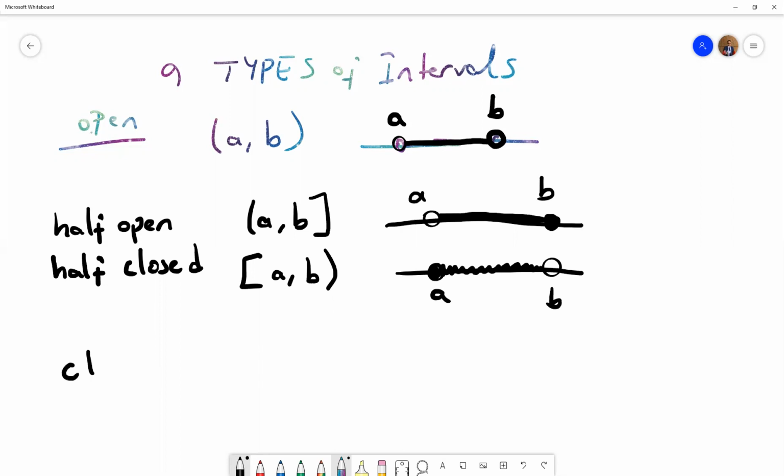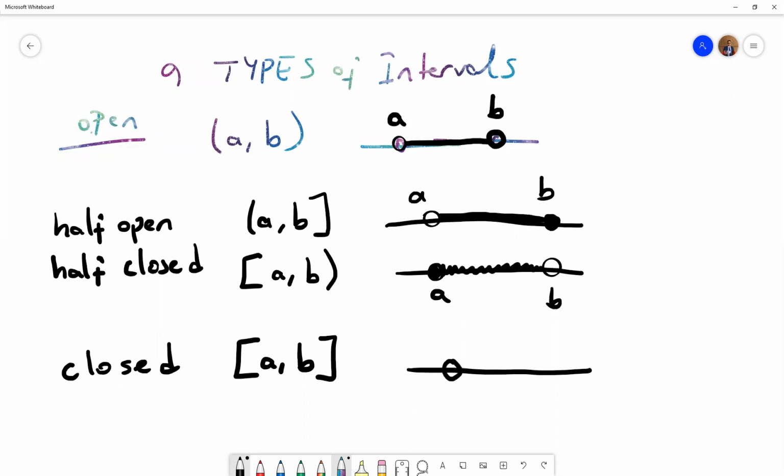And here two of them are closed, so A, B, on the left and on the right we have closed, so here like that, this one and this one, we have this interval A, B, so we have all closed and full A and full B, okay?